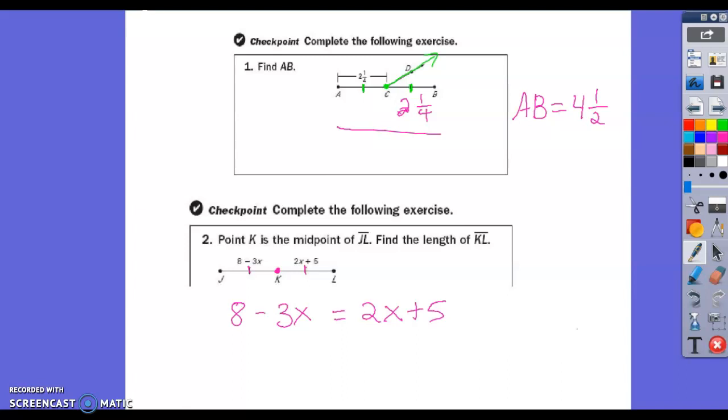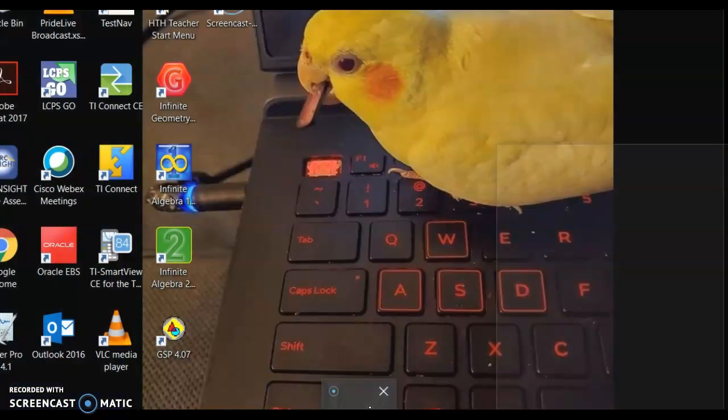You don't have to do it exactly the way I do it, but I'm choosing to move my x's to the right. And notice how I wrote plus 3x on both sides, and now those cancel. And now I'm going to rewrite what I have left. 8 equals 5x plus 5. Now I'm going to subtract 5 from both sides. And I am running out of room. So the way I want you to show your work as well. Oh shoot, what just happened?